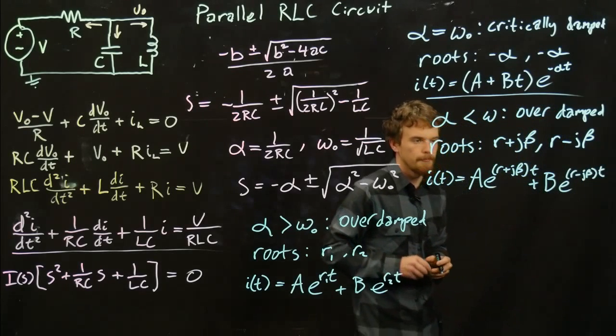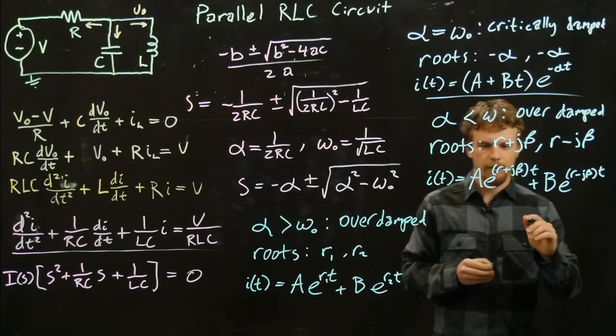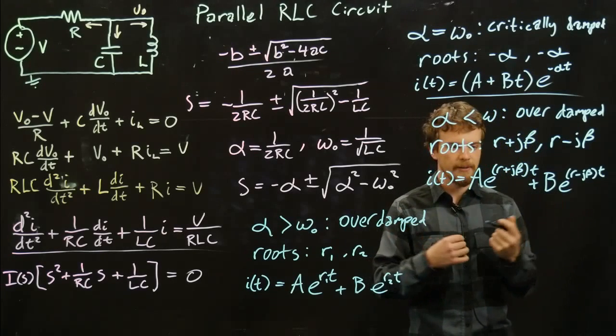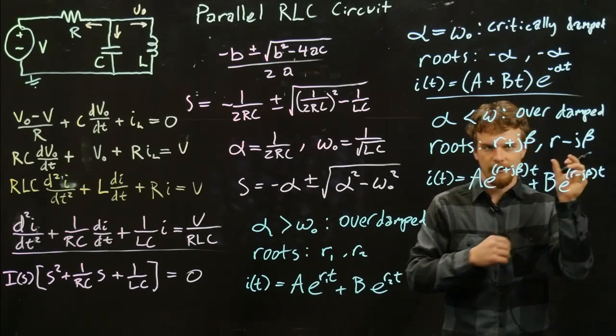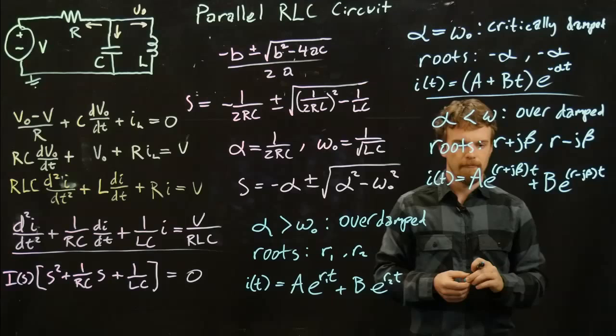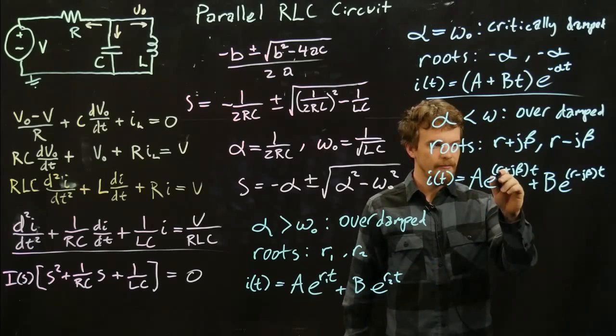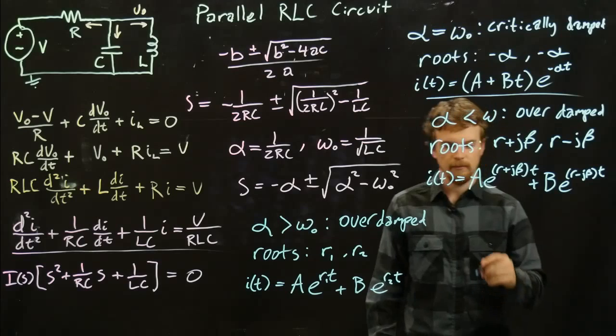Okay, now we have a property of exponentials where if we multiply two exponentials together, we can make it into a single exponential with the sum of their exponents, right? So the reverse is true. We can factor out e to the r out of both of these terms.